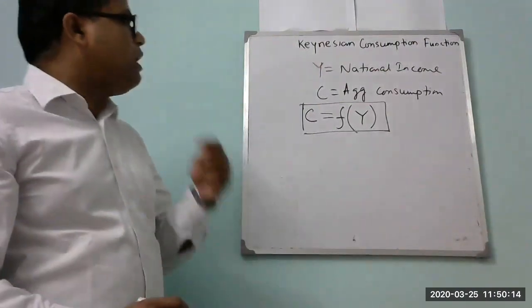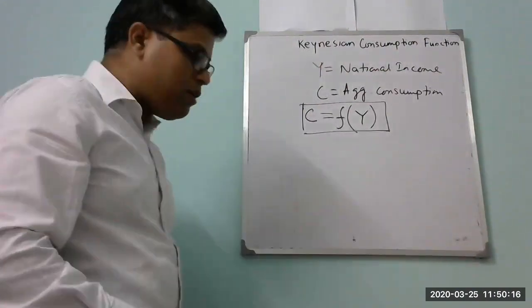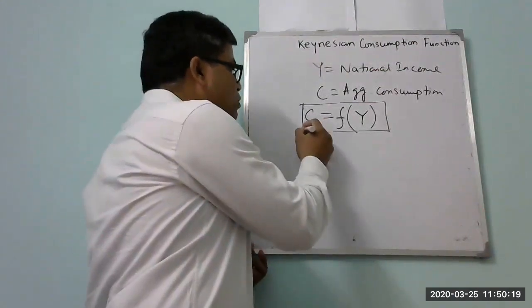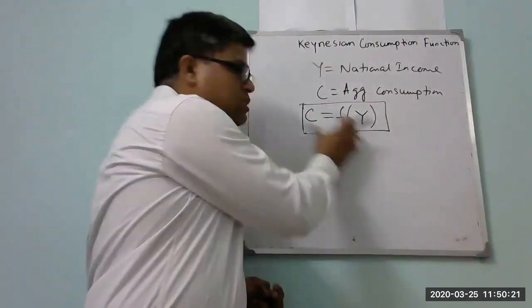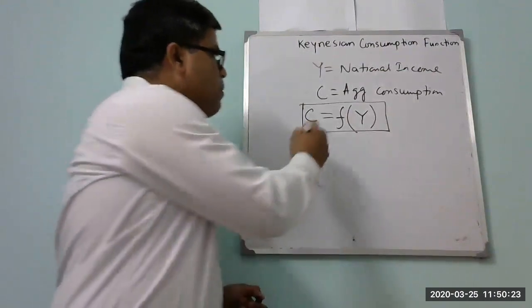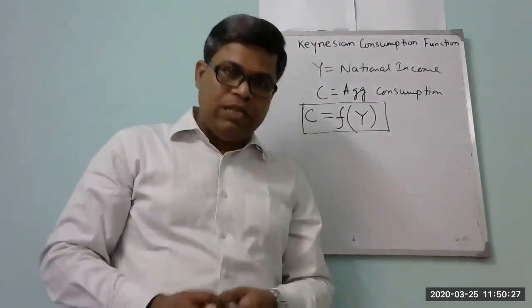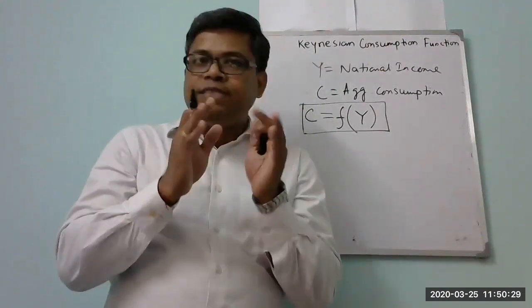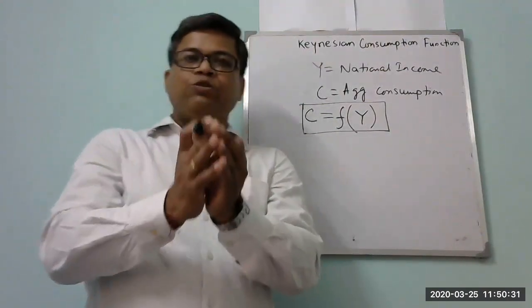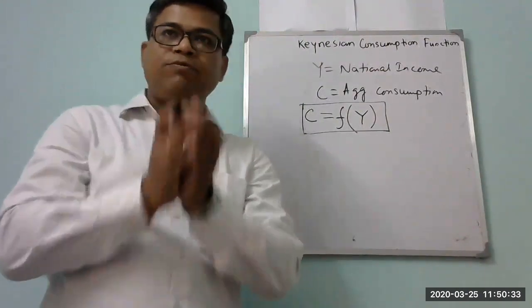According to him, the Keynesian consumption function is, and we will modify this function a little bit. The consumption function can be linear or non-linear. For the sake of simplicity, we assume it is a linear consumption function.